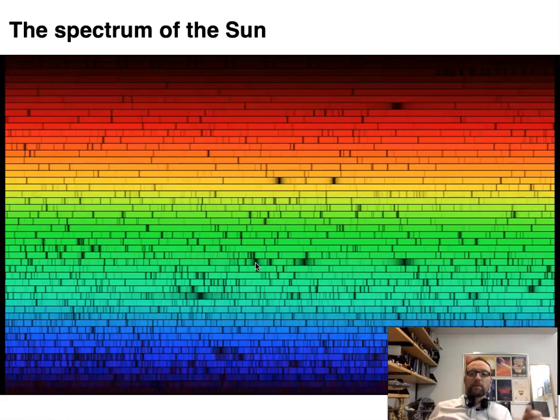And so that's how we know that helium is the second most abundant element in the sun. And all of these other minor lines are from elements that are in small quantities in the sun. Carbon, oxygen, iron, things like that. This is how we figured out what the sun was made of.